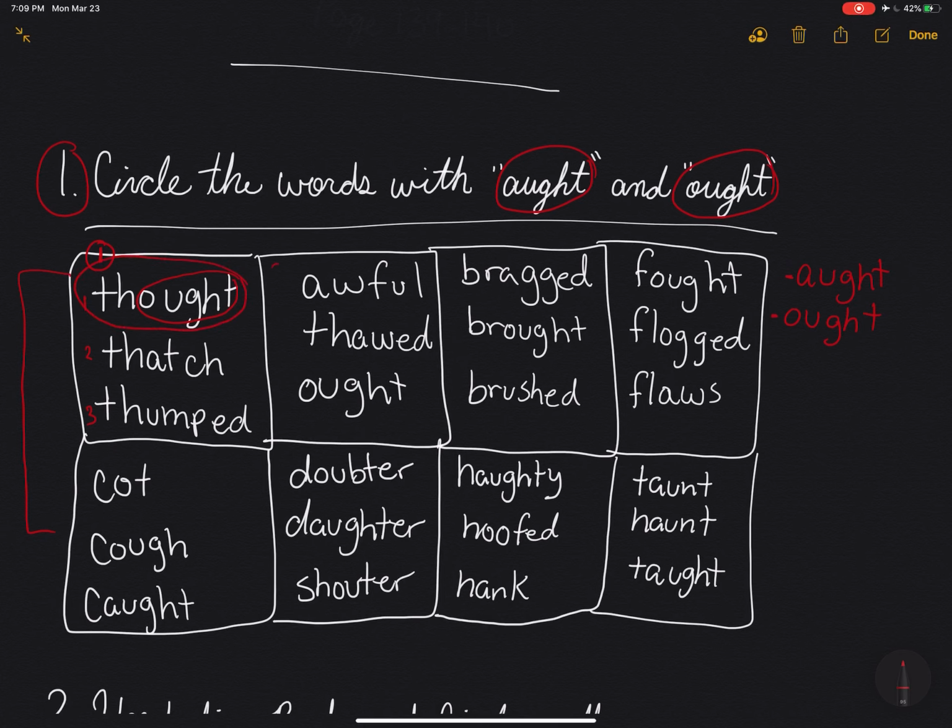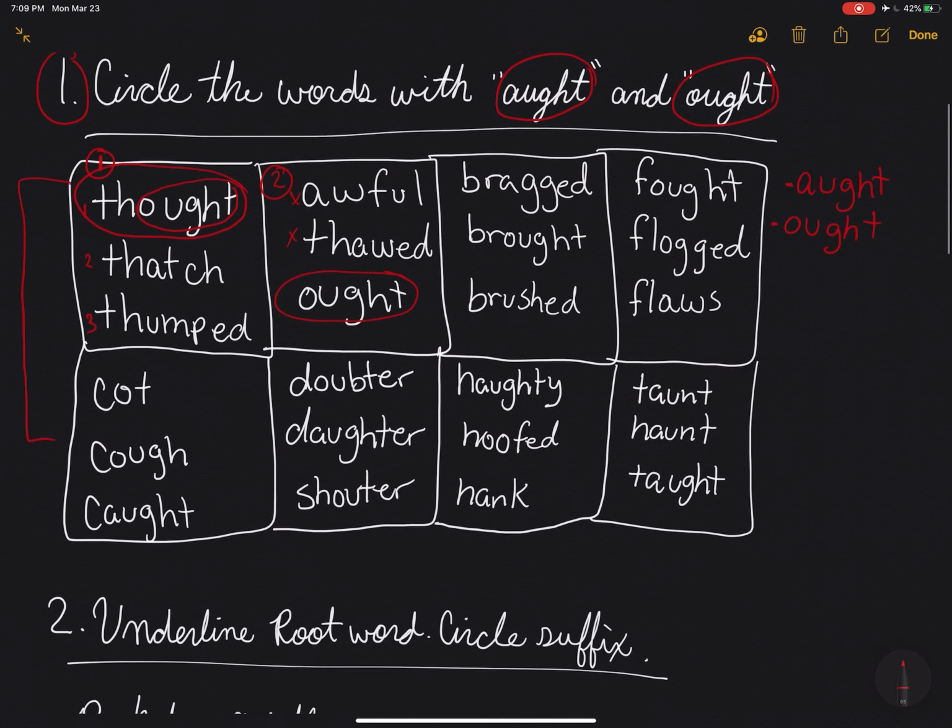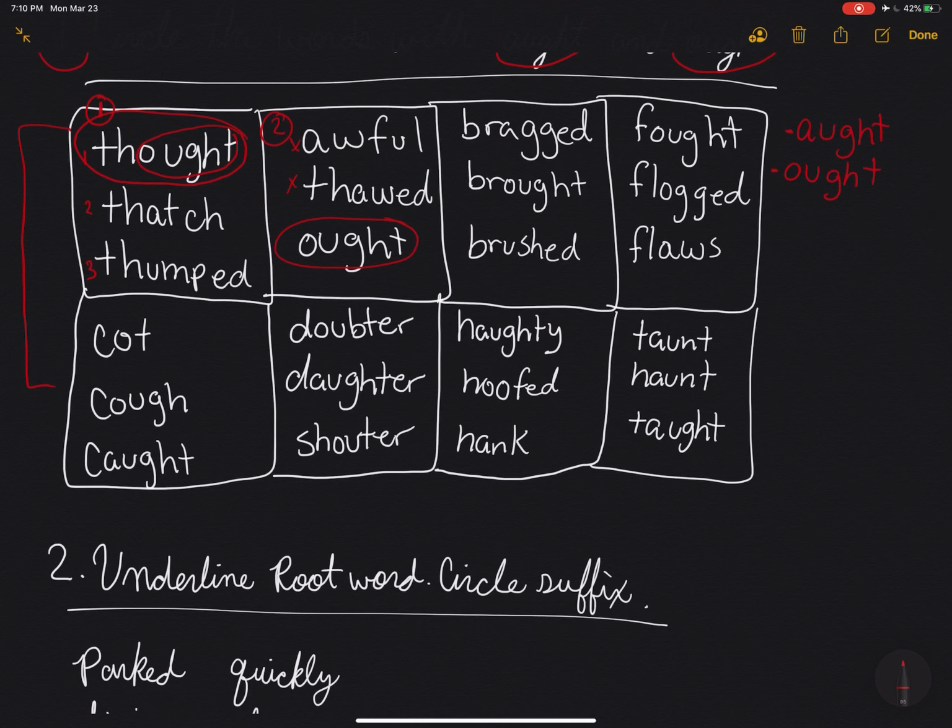We then move on to the second one. This is awful, thawed, and ought. Already, once again, you see the letters O-U-G-H-T. Not in this one, not in this one, but right here. All this section is wanting you to do is to find ought, A-U-G-H-T, or ought, O-U-G-H-T, and this is helping you sound other words out.